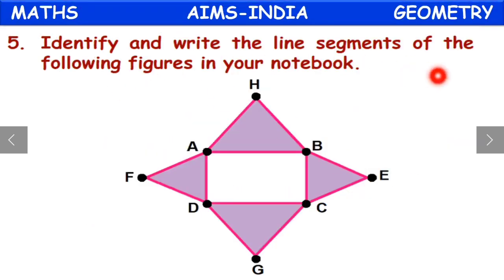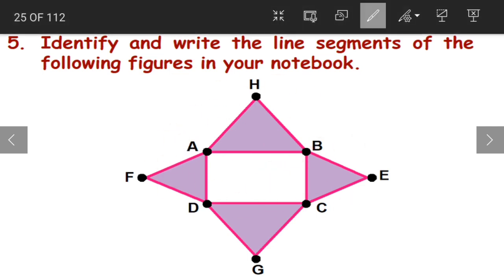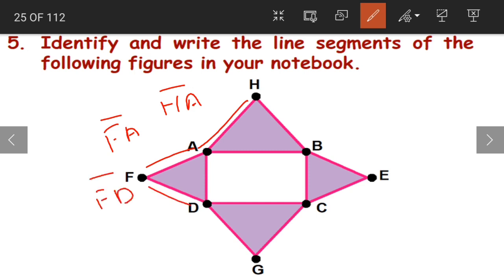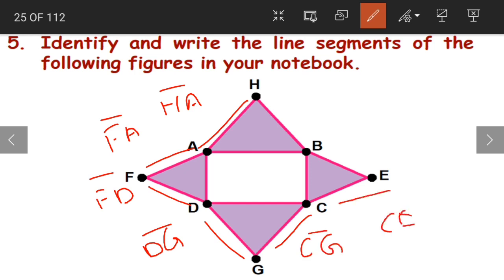Now identify and write the line segments of the following figure in your notebook. So from this figure, we have to identify line segments. We have HA, FA, FD, FG, CG, CE, BE and HB line segments.